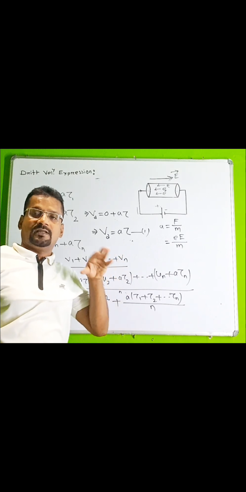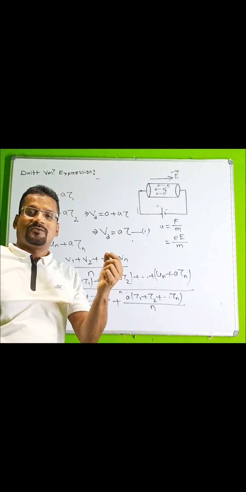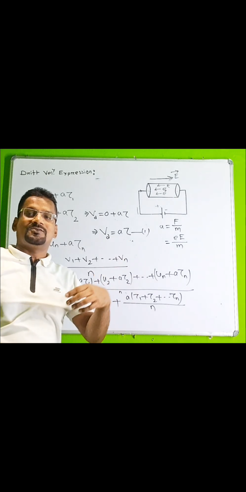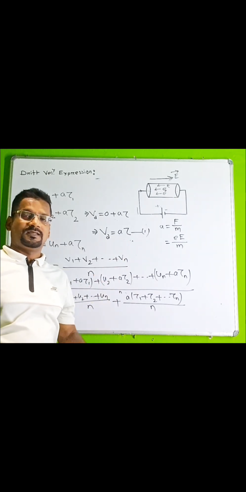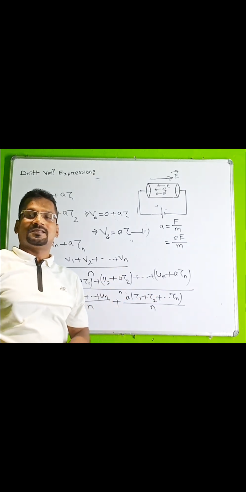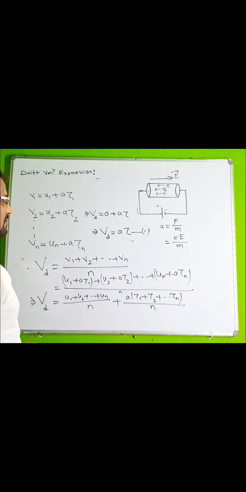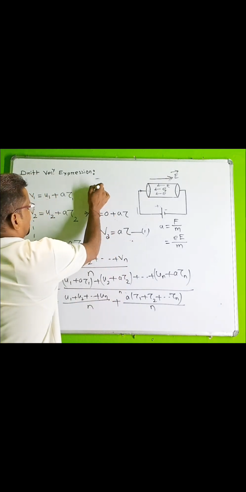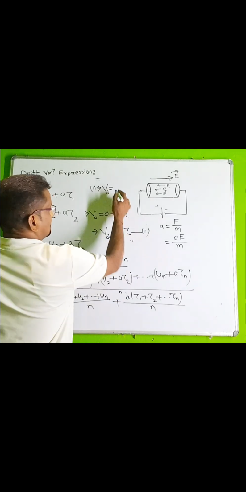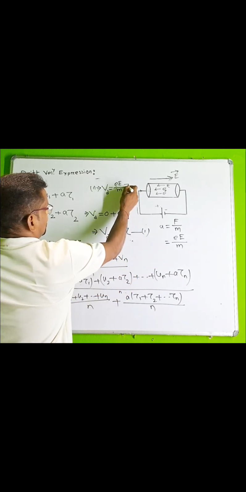That means if the electric field in this room is E and you place an electron, the electron will experience a force equal to charge times electric field, that is e times E. But if you place q coulomb of charge, the force experienced is qE, as known to us. So finally Vd equals eE by m into tau.